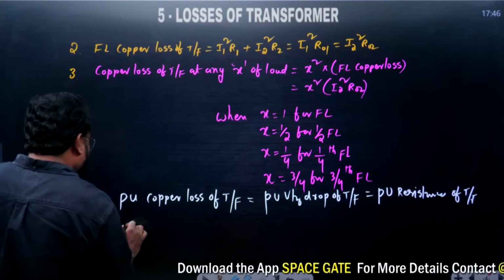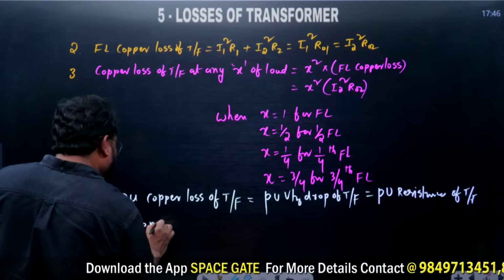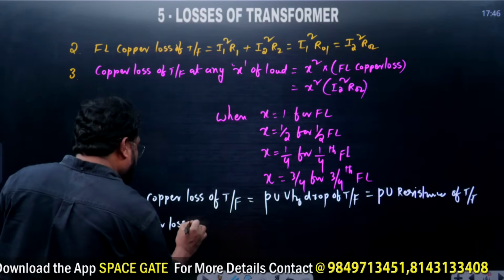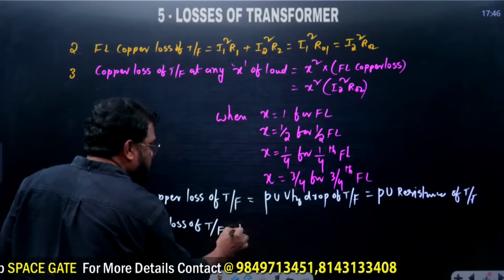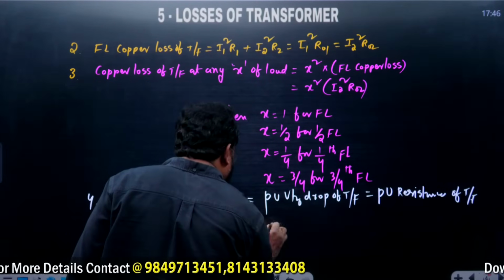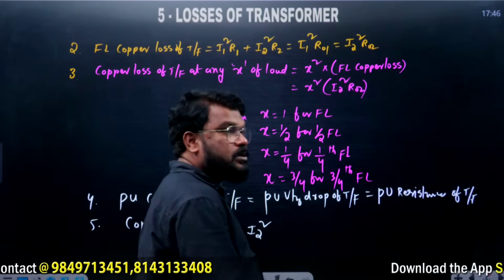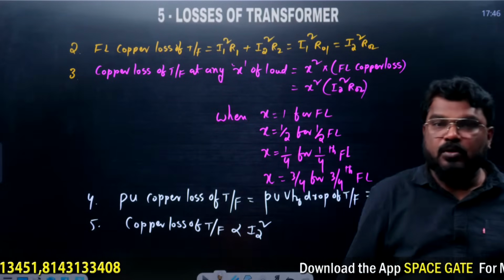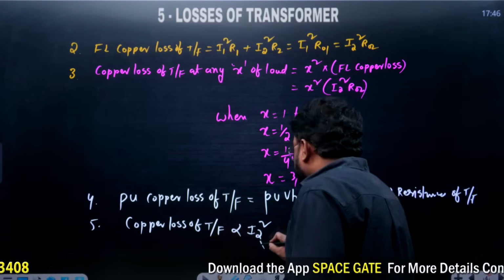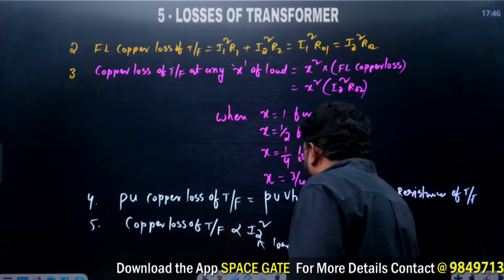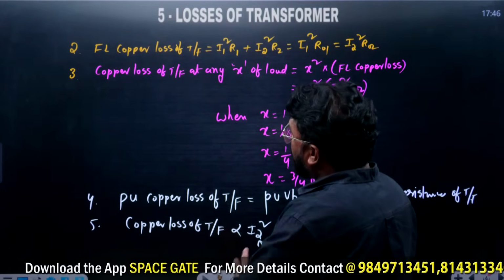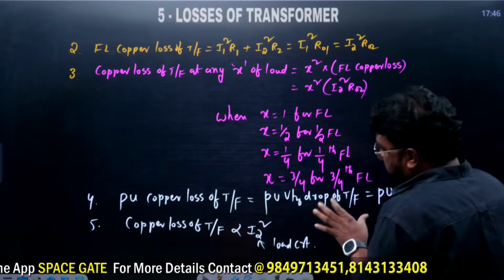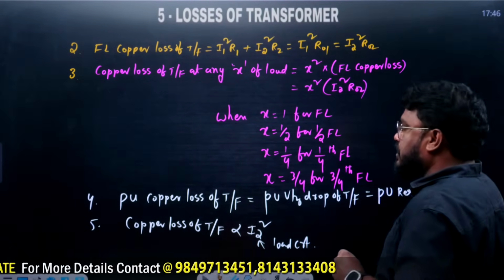Copper losses of the transformer are directly proportional to the square of the load current. This is also one more question. So this I2 is nothing but the load current. So this is about the observations from the copper losses of the transformer.